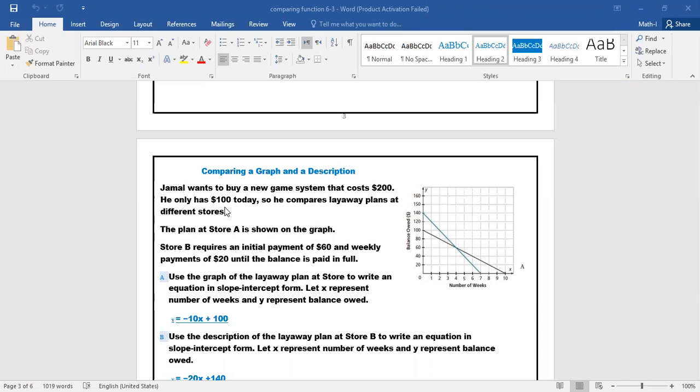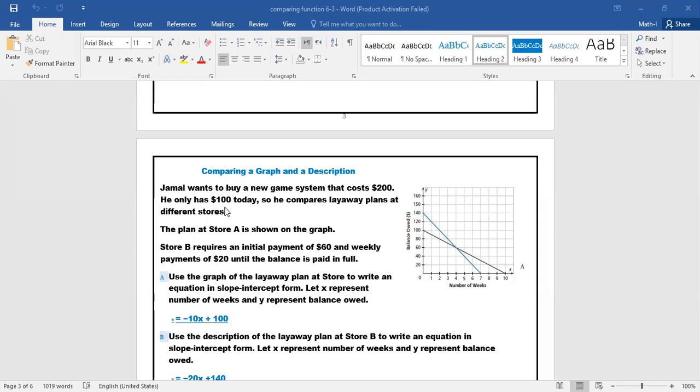He has 100. Then he wants to pay the rest of the money in a layaway plan, which means in installments, per week, per day. Then he's going to pay the rest, but not at the same time. So he has two plans.